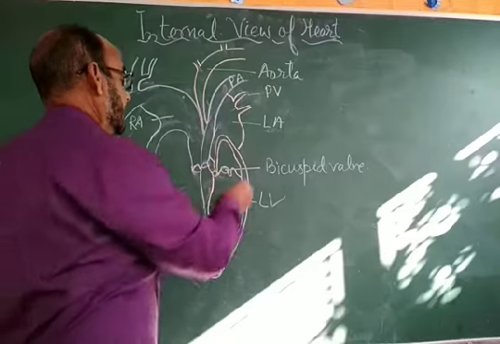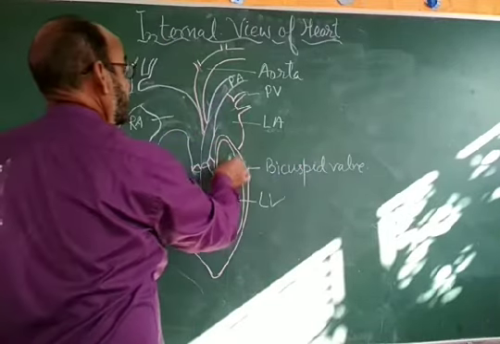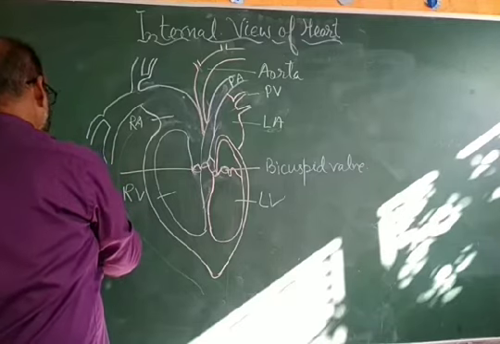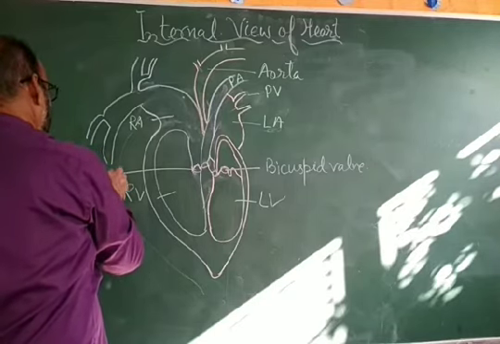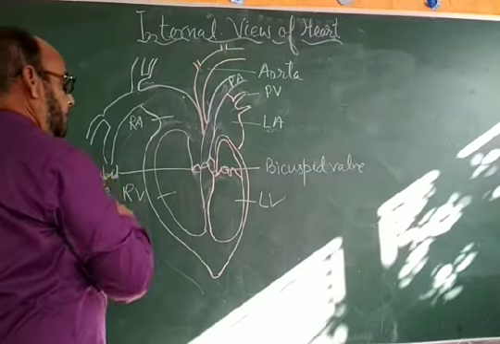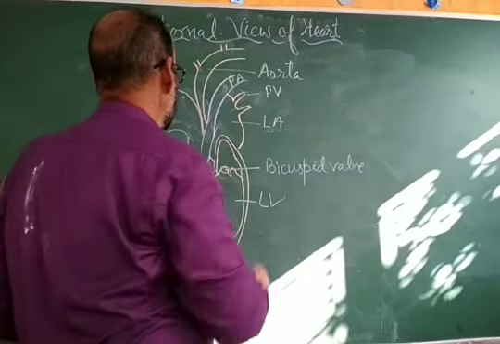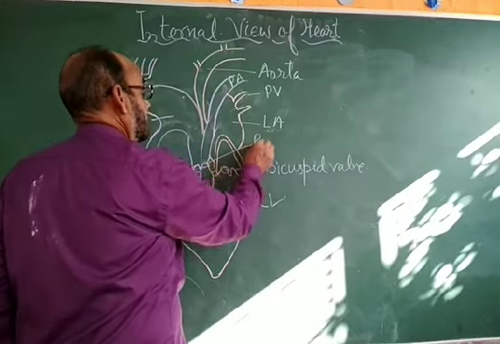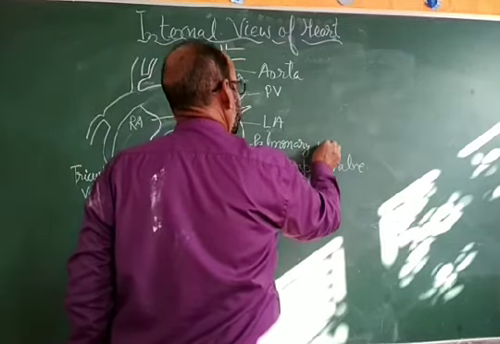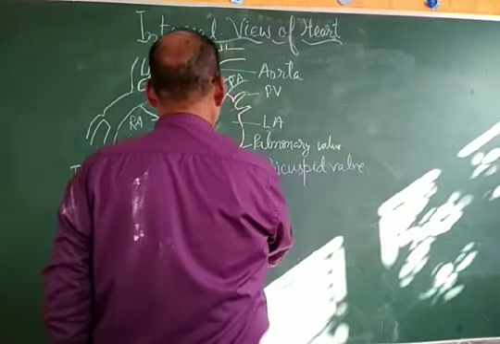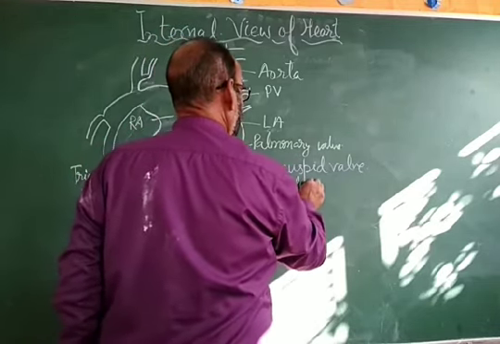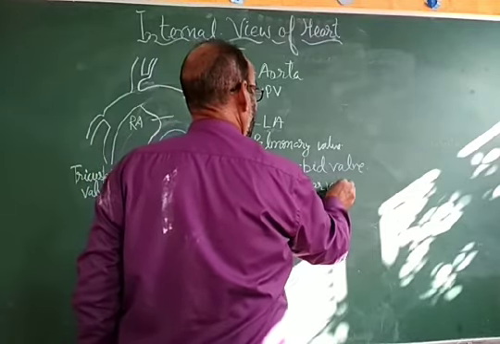Four valves are there: bicuspid valve, that is on the left side, and tricuspid valve, that is on the right side. Apart from these two valves, there are the pulmonary valve and the semi-lunar valve.